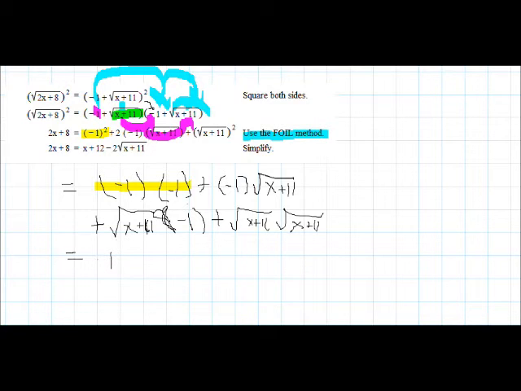The next step, and this is going to be two big steps here, I'm going to add this one plus, so one underneath it, plus this one. And when you add those two together, you end up with -2 times square root of x plus 1.